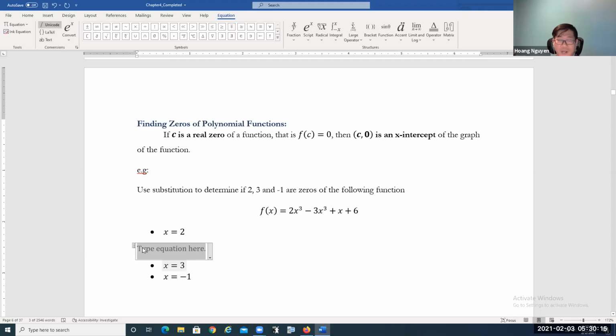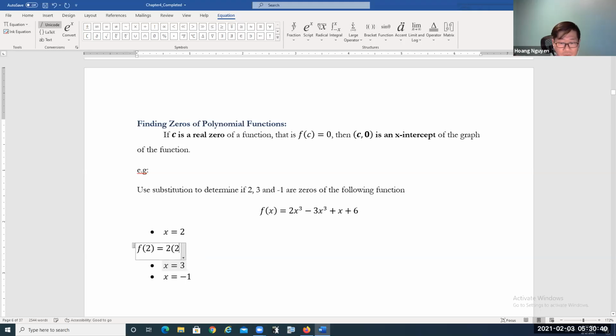Okay. So now x equals 2. If you want to determine if 2 is a zero of the given polynomial function, we're going to substitute, so we're going to replace the input x by 2 and do the calculation to see what's going to be the output. So now we're going to evaluate f of 2. So f of 2 means we're going to substitute the input x by 2.